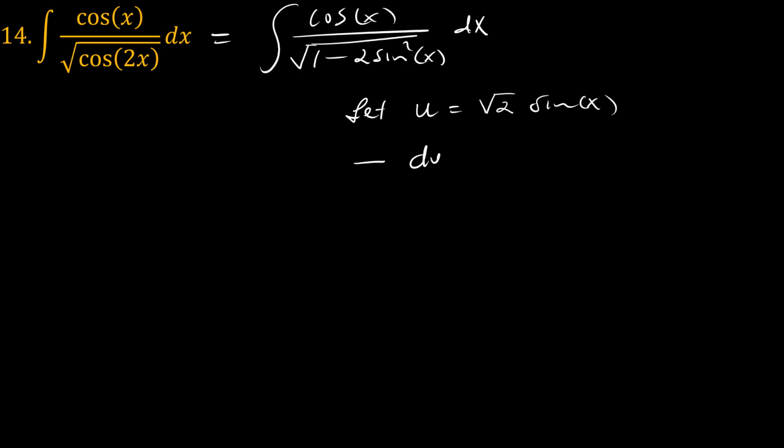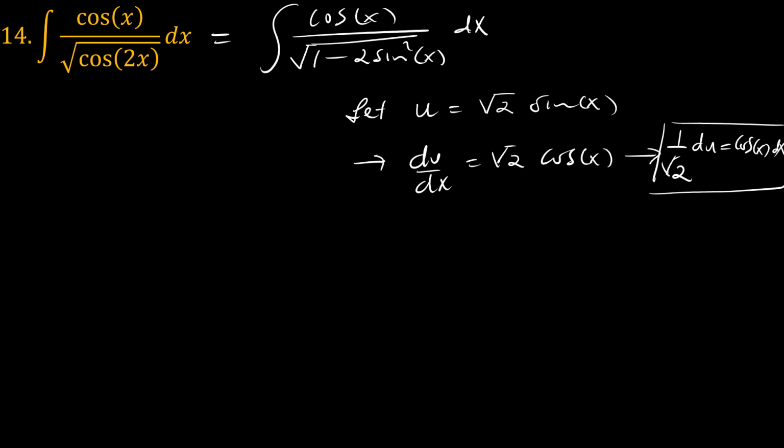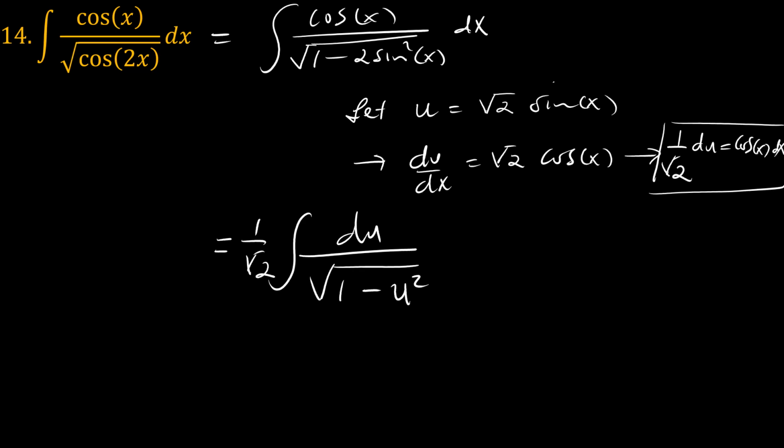So du dx is root 2 cosine of x, meaning that 1 over root 2 du can be used to substitute for cosine x dx, right? And so what we have here is 1 over root 2 over the square root of 1 minus u squared.